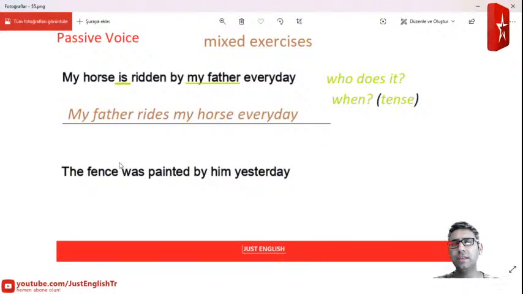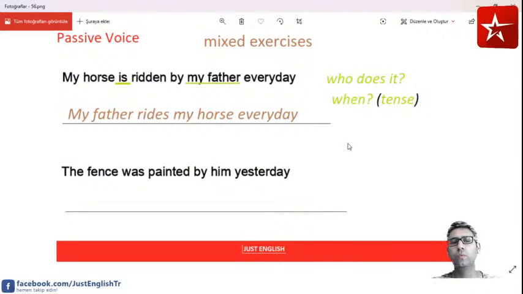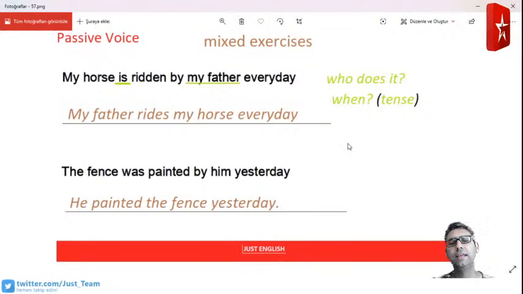And the tense is here, was, so basically it's past simple. So we can say the active sentence is he painted the fence yesterday. That is correct. Yes. He painted the fence yesterday.